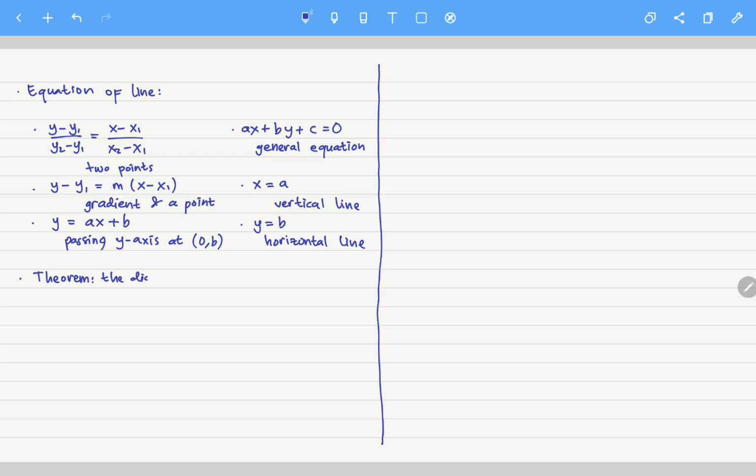The distance between 2 points, the first point x1, y1 and the second point x2, y2, is defined by d, we call it d, the distance, equals the square root of (x2 minus x1) squared plus (y2 minus y1) squared.